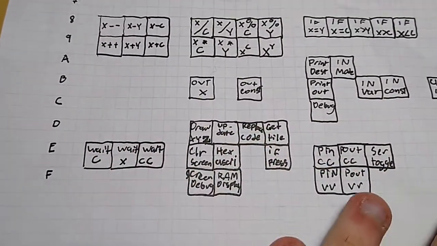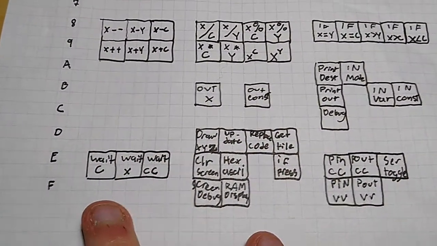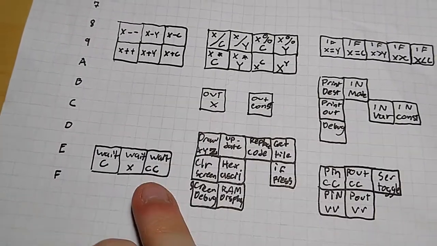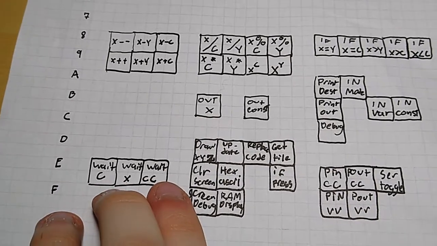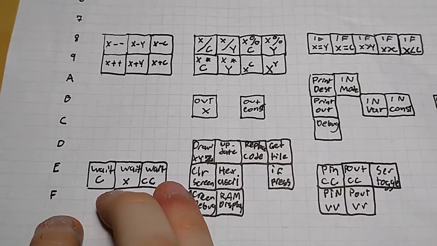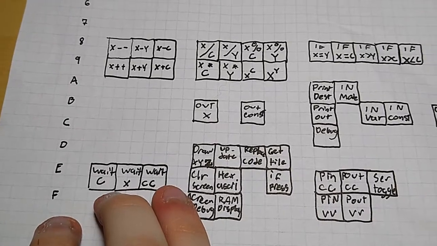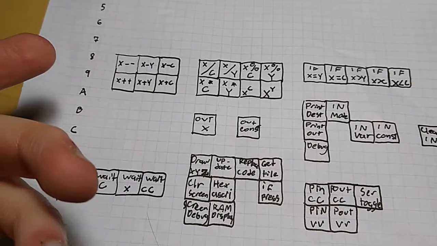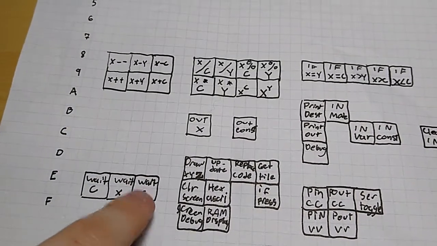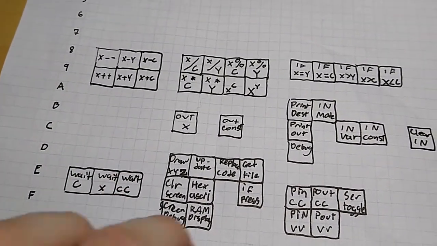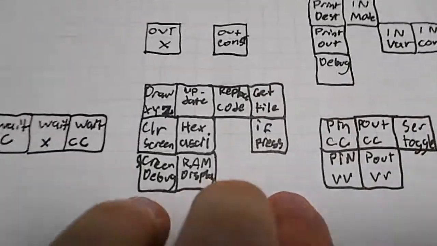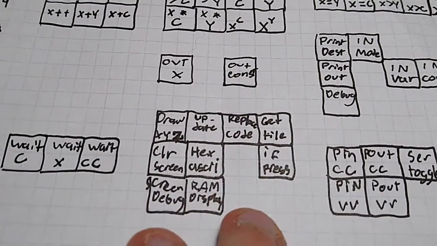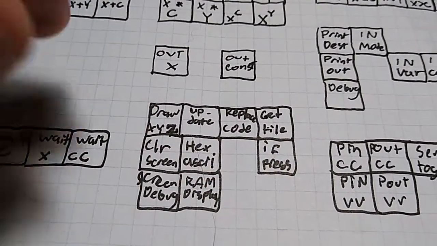Lastly, we have the more complicated instructions. These just wait. Wait is measured in milliseconds, so thousandths of a second. Sometimes you want to wait more than a quarter of a second, so I have double operators here. And here is what I call the sub-assemblies, or subroutines or whatever.